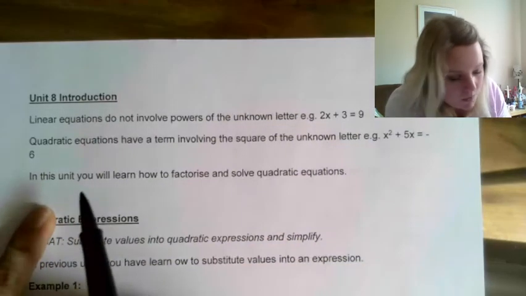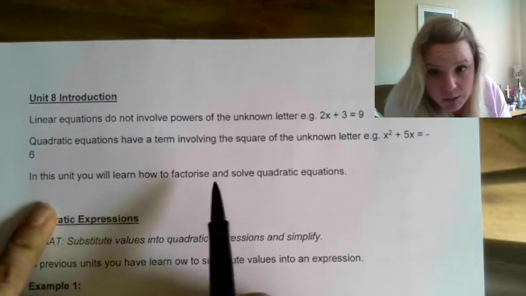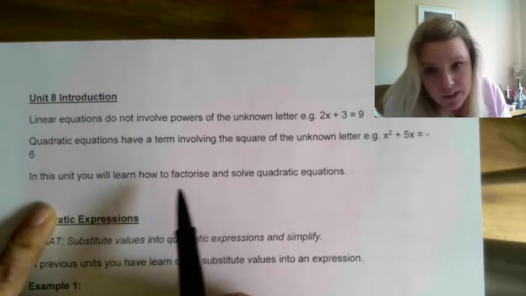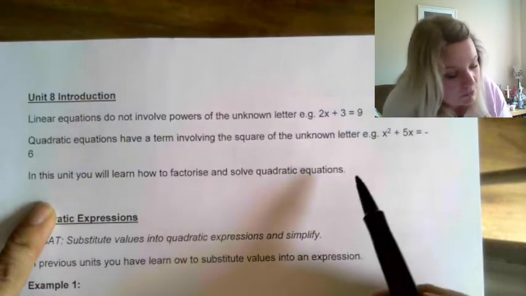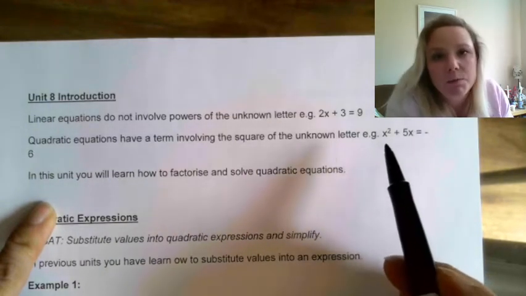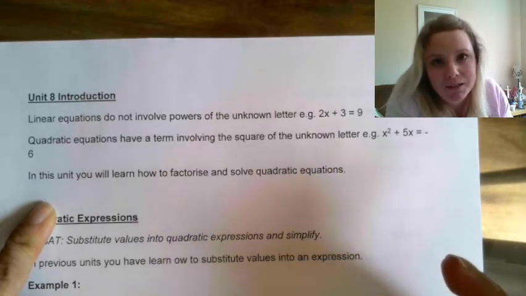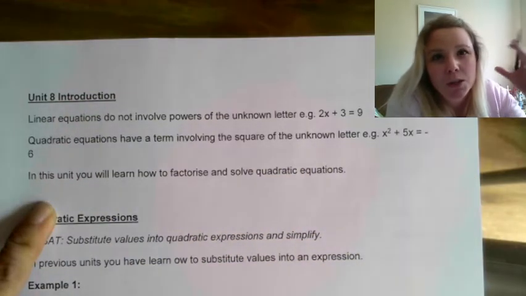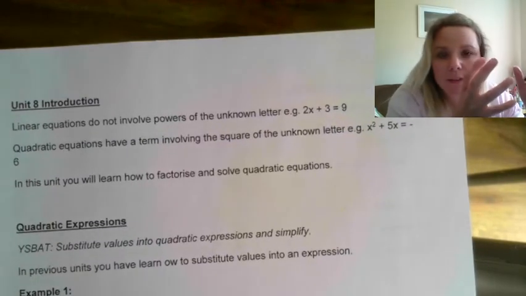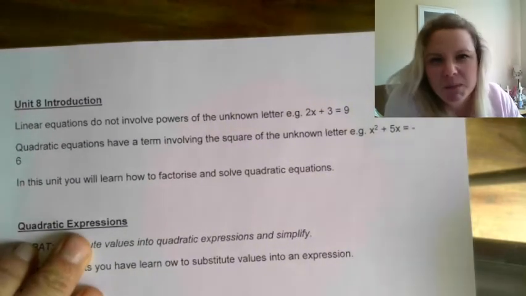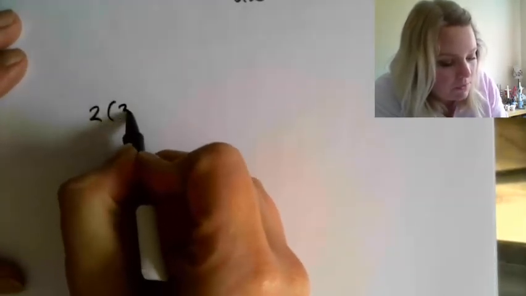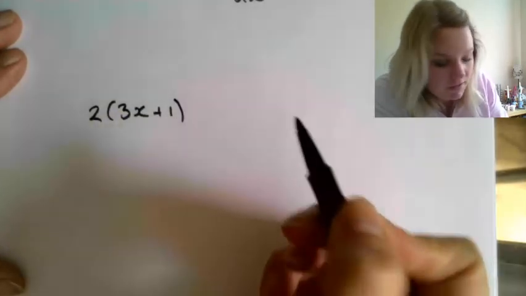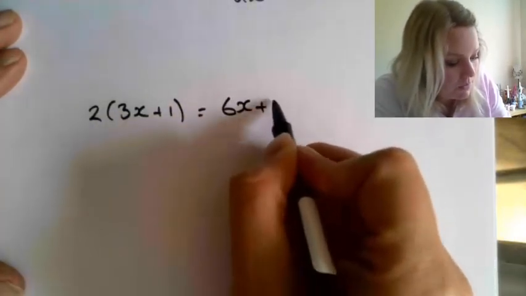Okay, so within this unit, we will eventually be learning how to, first of all, factorize quadratic equations and then solve quadratic equations. Now, if you think back to what factorizing actually means, remember it's just the opposite of multiplying out brackets. So in fact, let me just remind you a wee bit about that. So earlier on this year, we would have been doing things like multiplying out something like that to get 6x plus 2.